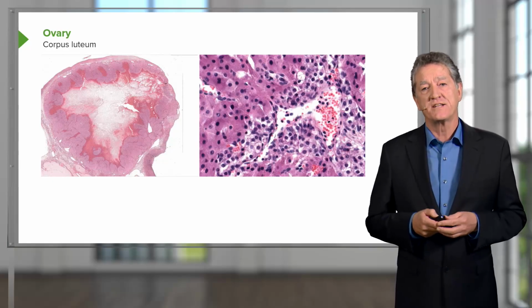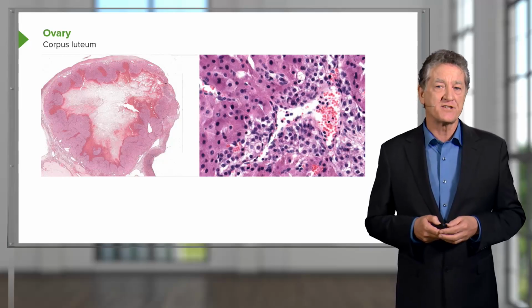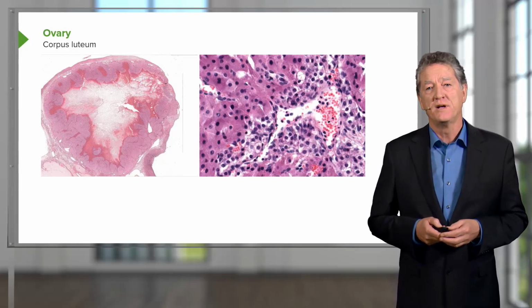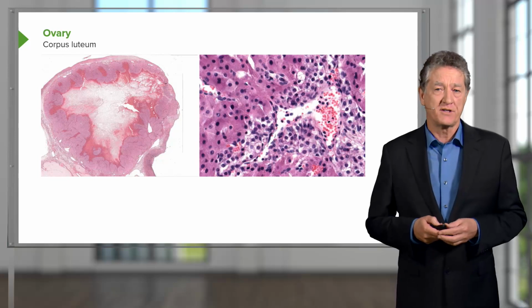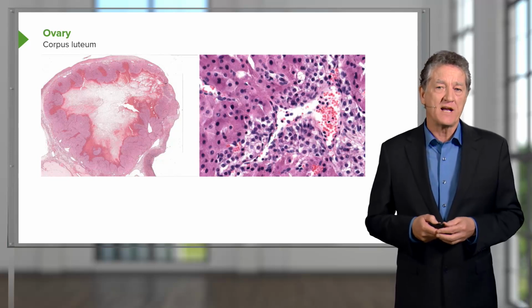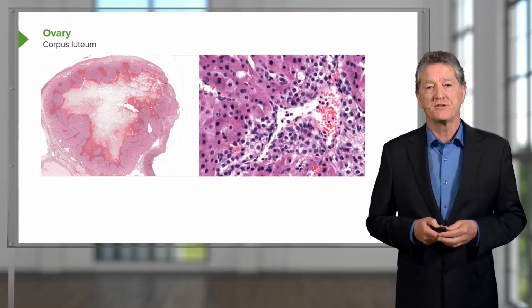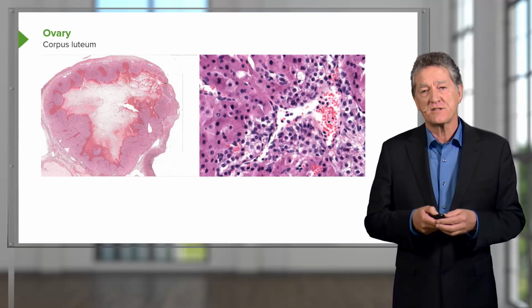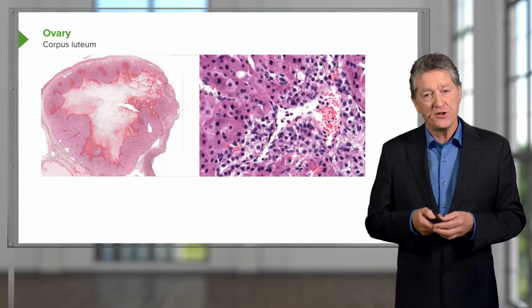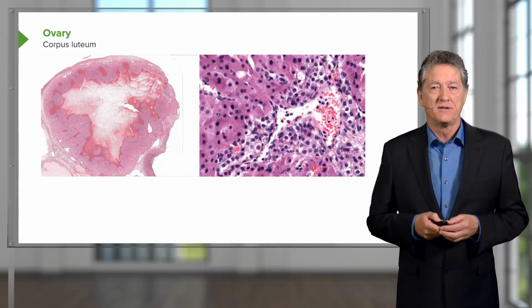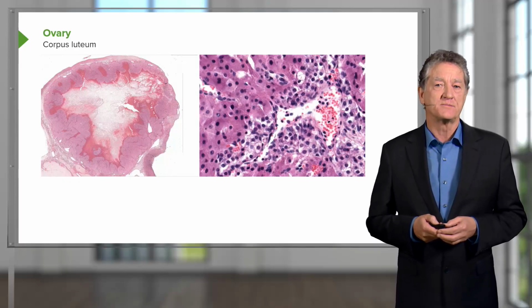That oocyte is collected by extensions from the uterine tube that I'll show you in a moment. It's almost like erectile tissue. It wraps around the ovary at the time of ovulation so that the ovulated oocyte passes into the uterine tube and down the uterine tube for the chance of being fertilized.